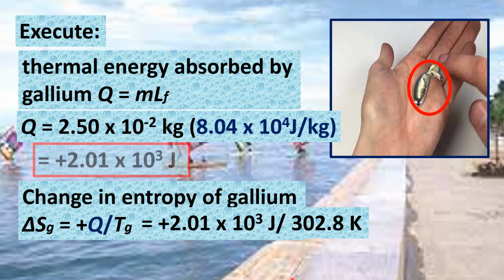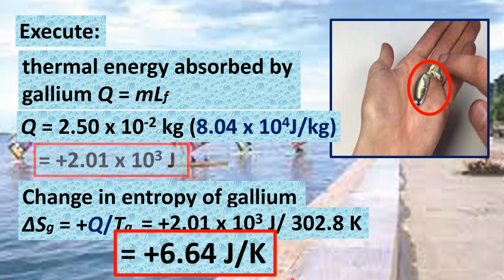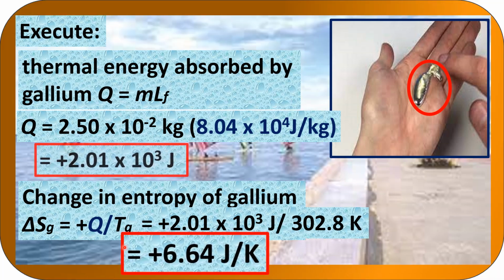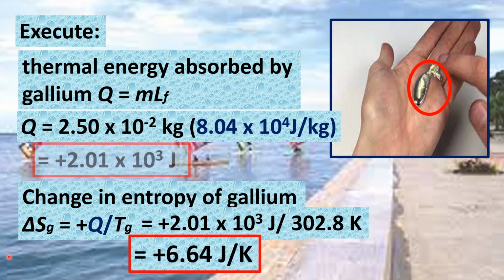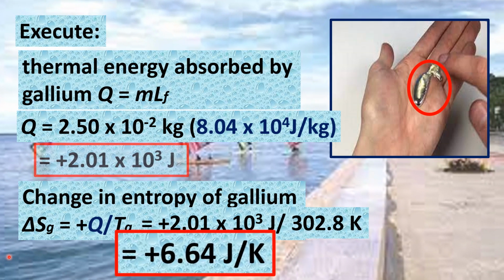Again, doing our math, we will get the change in entropy of the metal gallium equal to positive 6.64 joules per Kelvin.